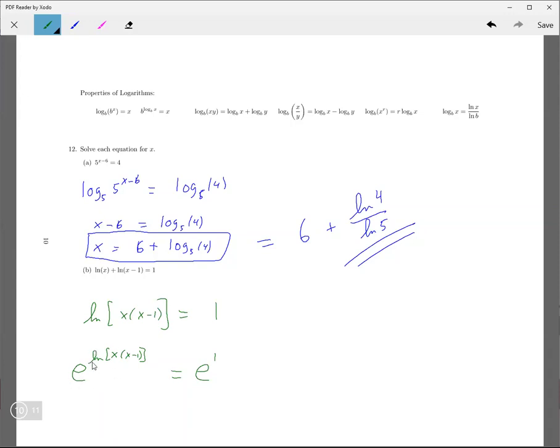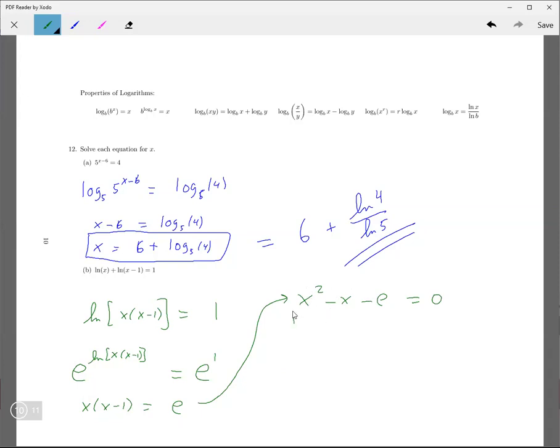Okay, now what happens is the e to the ln, this is from this property here. Those cancel or reduce down to just x times x minus 1. And of course, e to the 1 is just e. I'm going to distribute that in. So I get this.